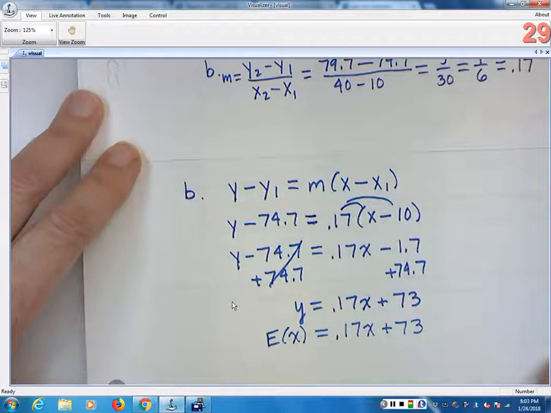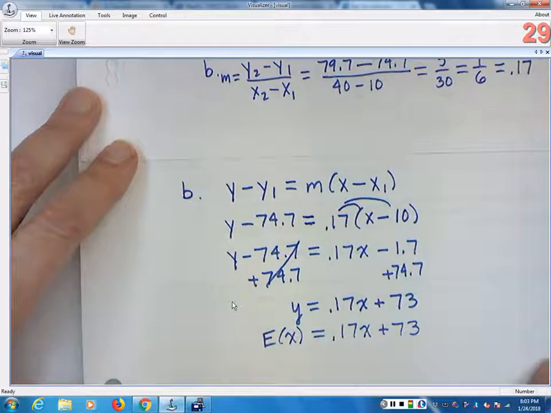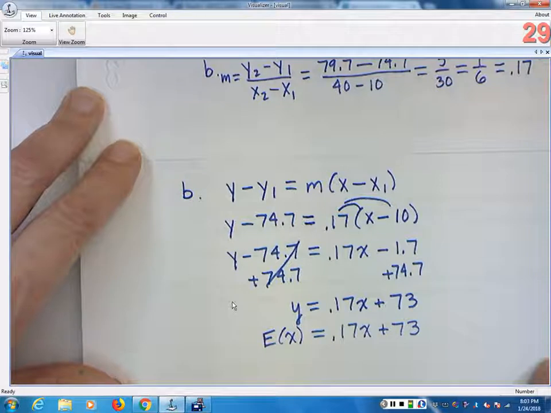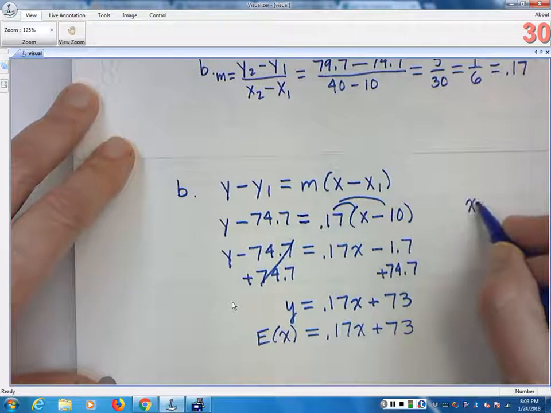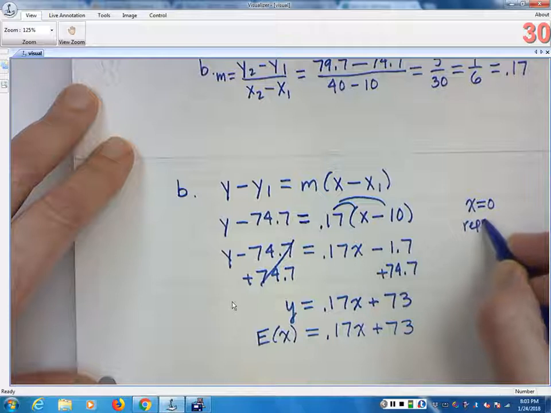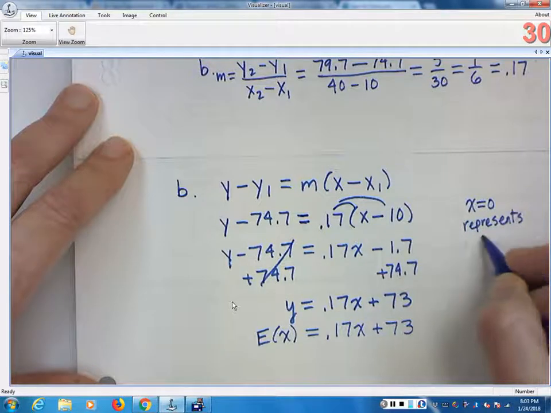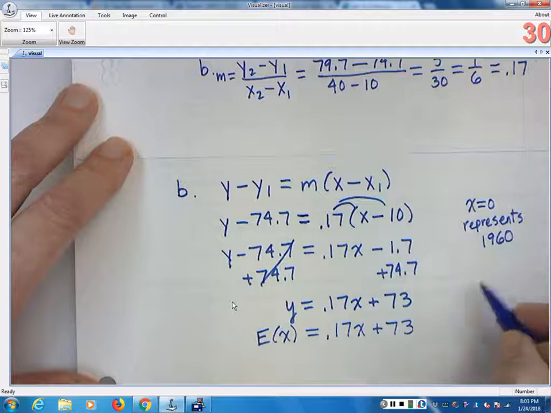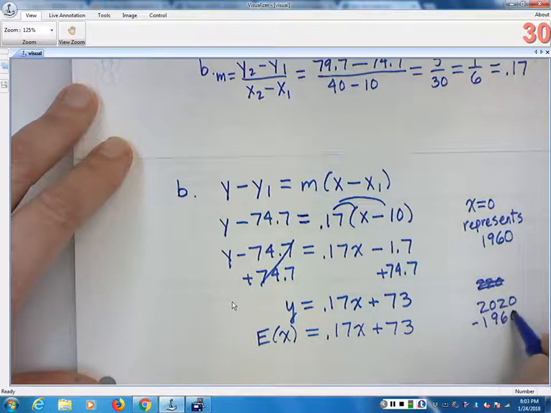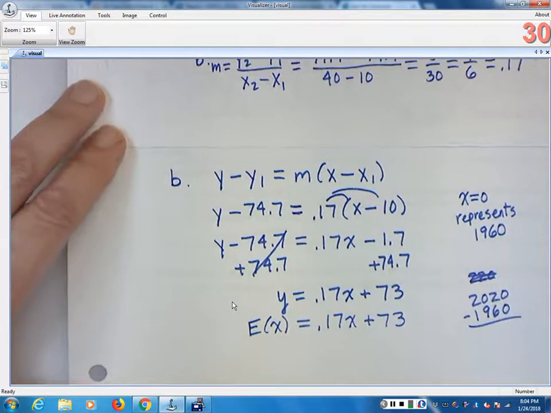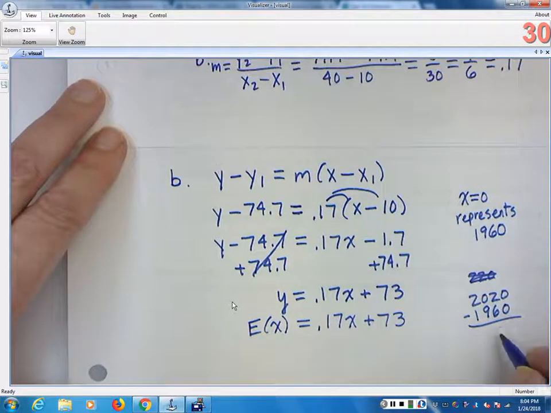Now the last part says, use the function in part B to project the life expectancy of American women born in 2020. Well, remember in this graph, X equals 0 represents the year 1960. So for the year 2020, 2020 minus 1960, we can't just put in 2020 for X. So that is 60, right?